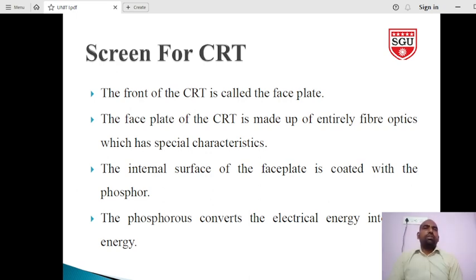Screen for CRT. The screen is a flat glass plate in front of the CRT. The flat plate of the CRT is made entirely of fiber optics, which has special characteristics. The internal surface of the flat face plate is coated with phosphorus. The phosphorus converts electrical energy into light energy.